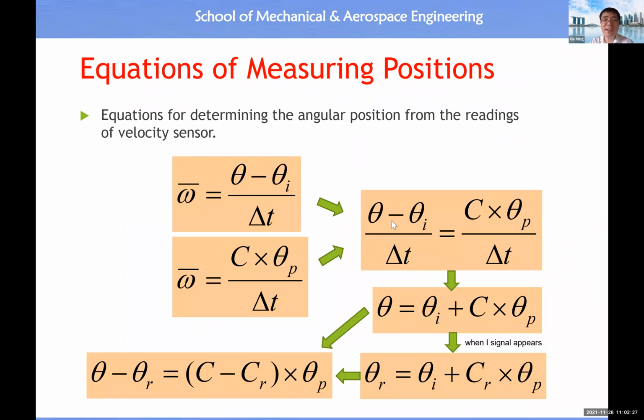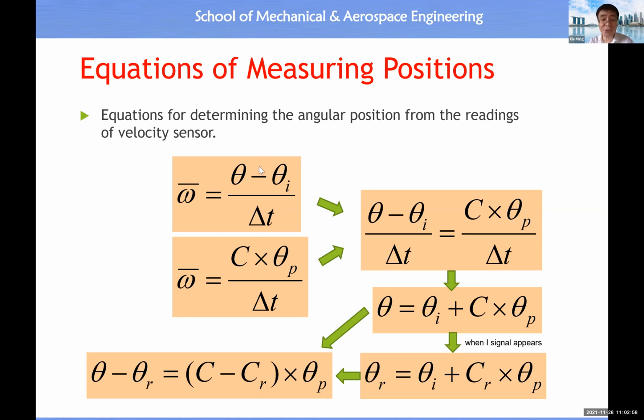Okay, so this slide helps you to understand all this relationship. This is by definition. For example, we want to measure the absolute position with respect to this reference, or 0 position. The definition is: current position minus 0 position, divided by the duration in which this angular displacement occurs.